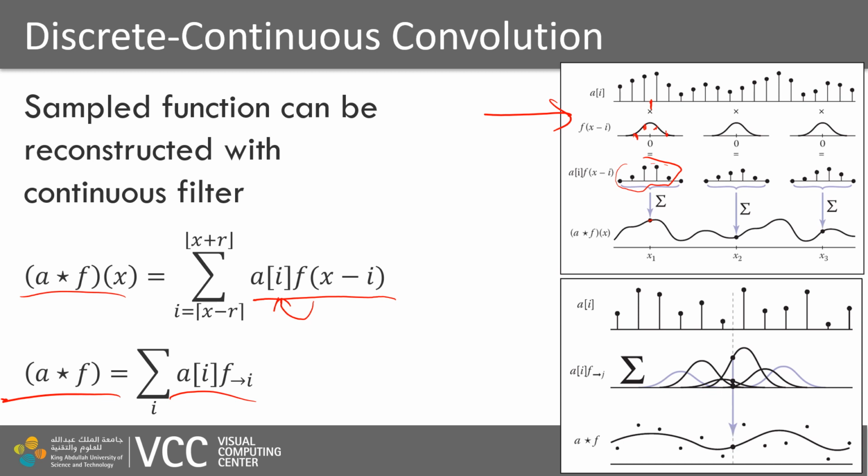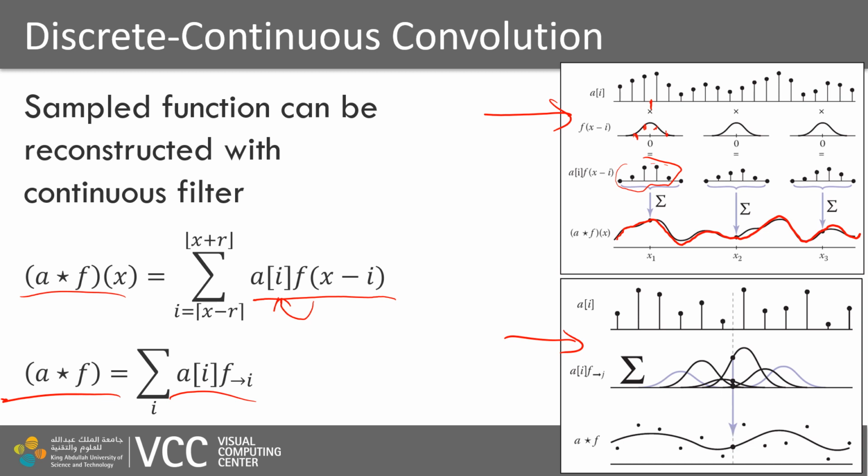And you can see that we have reconstructed a continuous function out of a discrete function. By changing the filter kernel and its extent, we can achieve different quality of reconstruction. We will be talking about that in the next slides.